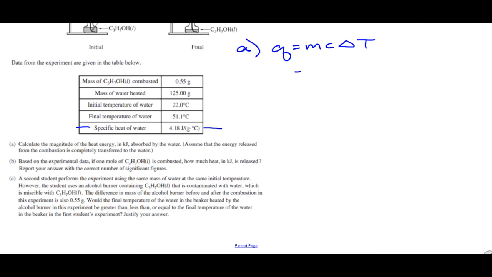So let's talk about this. This is just about the water. So the water weighed 125 grams. The specific heat capacity, 4.18. And the change in temp is going to be my 51 minus my 22. So I'm going to squeeze this in.